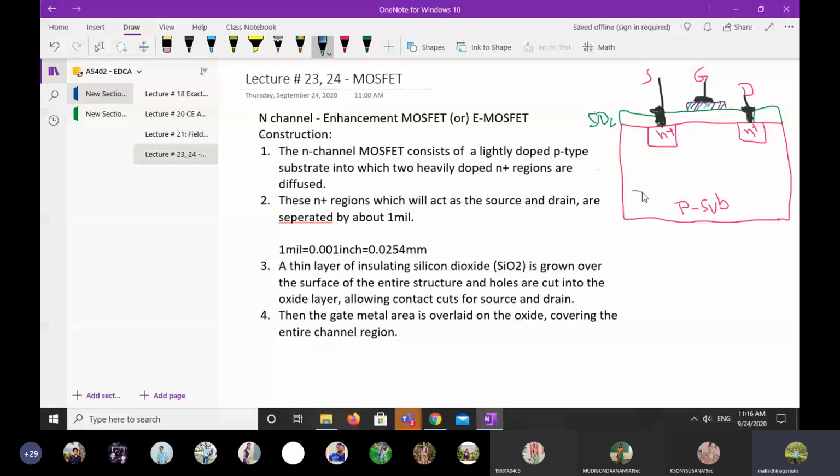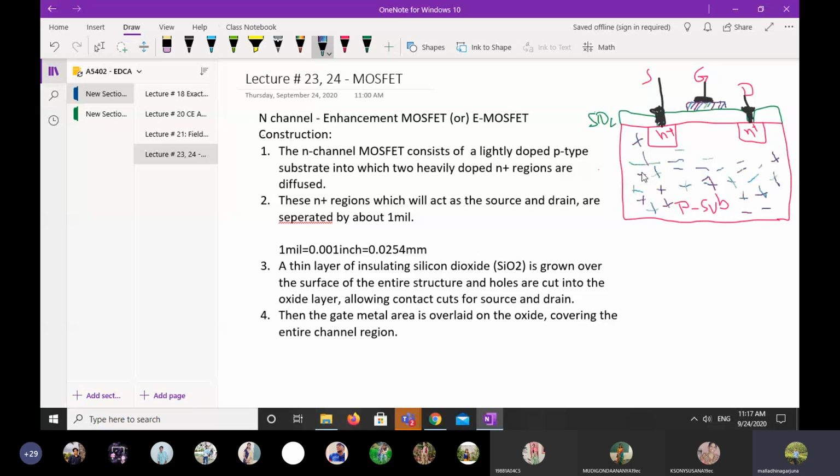The majority charge carriers are the holes, the positive. Among these majority charge carriers, there are some minority charge carriers called electrons, negative.